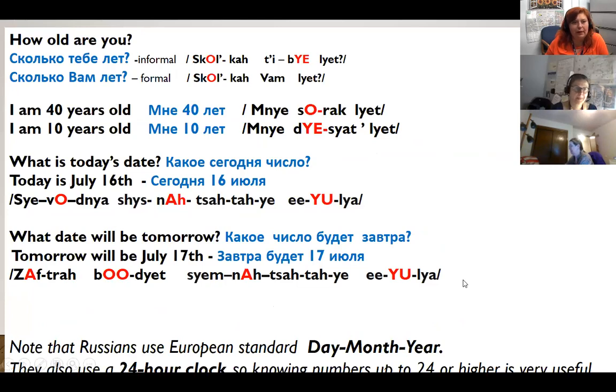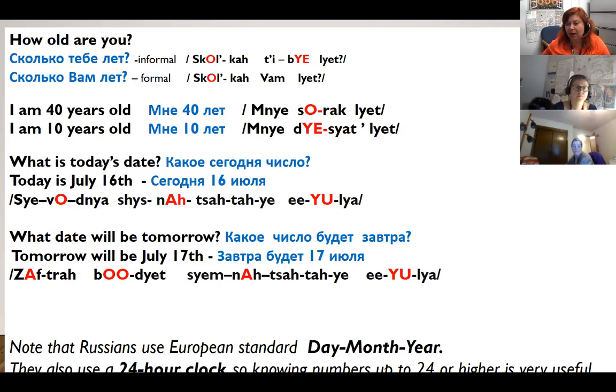So now let's practice saying other numbers. If you go to Russia or lots of countries of the former Soviet Union and you learn Russian, one of the first things you need to know is how to count, at least to 25, because those numbers are very helpful.